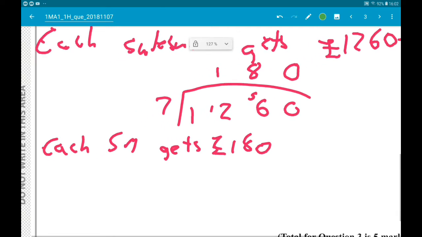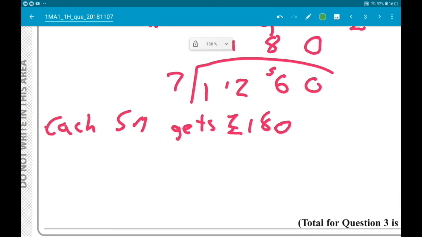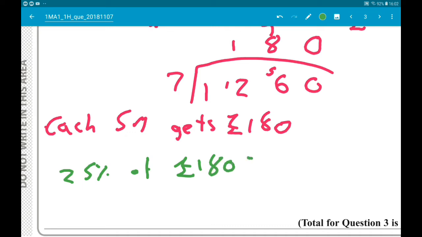So, 25% of 180, well, half is 90, half of 90 is 45.